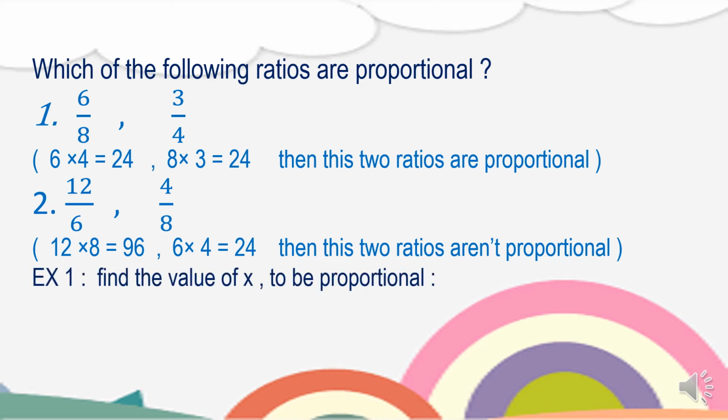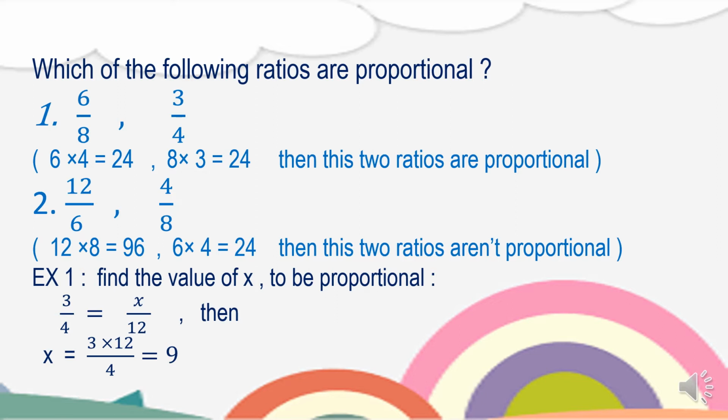Exercise number 1. Find the value of x to be proportional. Now I have 3 over 4 equals x over 12. What do I do to get the value of x? I will multiply the two extremes because I have all the extremes.